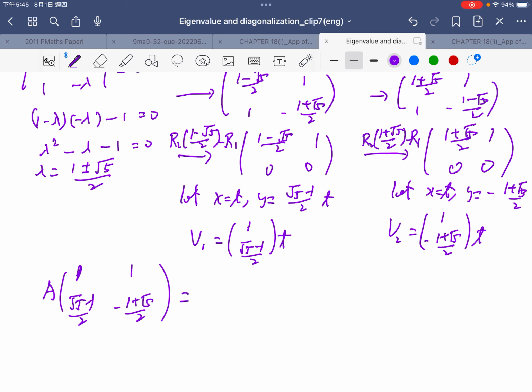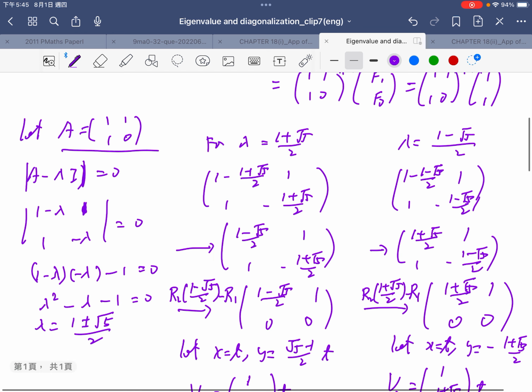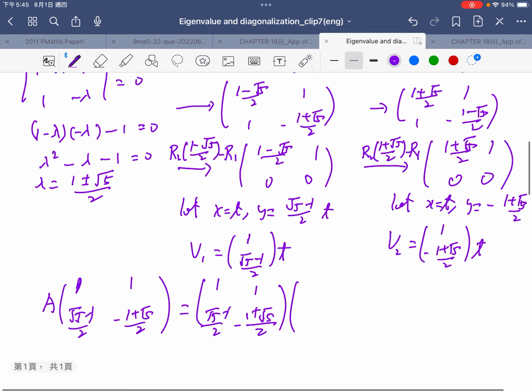The minus sign is outside the fraction. And then the corresponding eigenvectors are this one and this one.